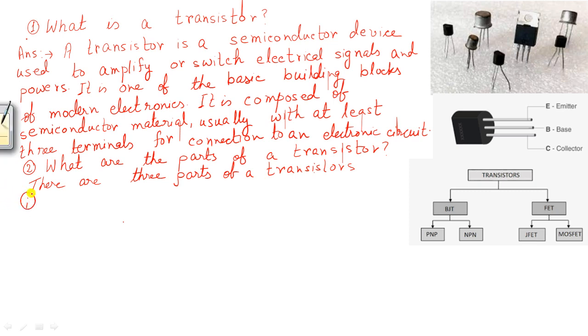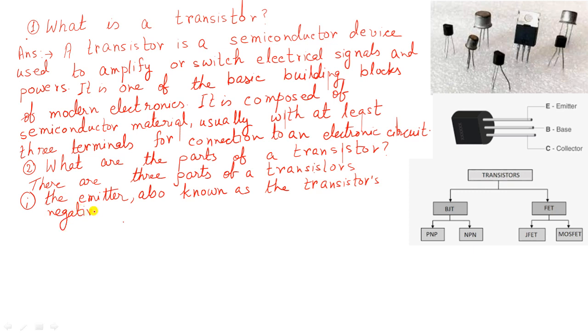Number one is the emitter, also known as the transistor's negative lead.